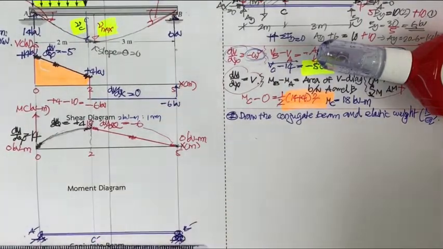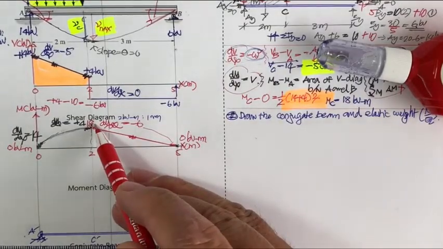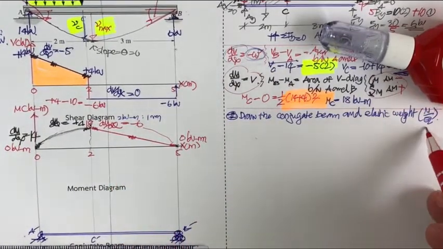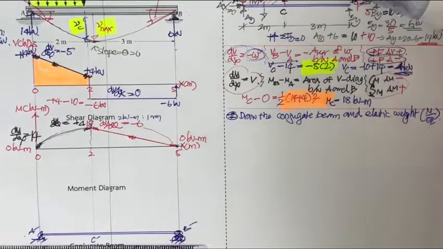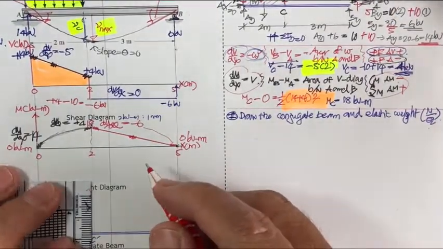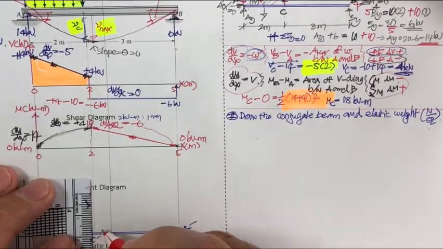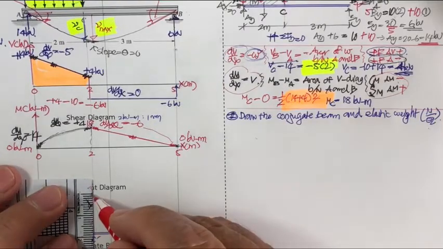And then you have what? 18. This 18 must be divided by EI. So we can do that by dividing 18 by EI. Let me put this one in 18 millimeter because I am sparing the space for that.